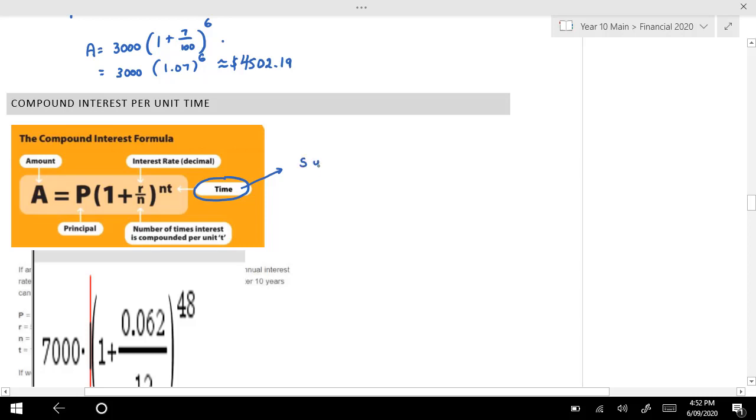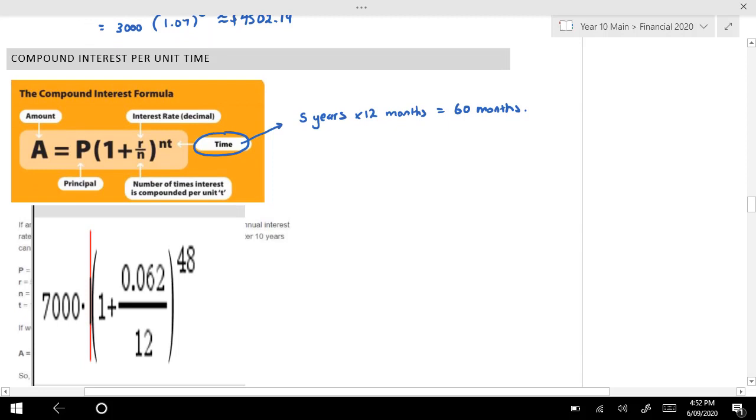If I had 5 years, then 5 years times 12 months is 60 months. Now, wouldn't it be nice if you could get 5% per month from the bank? No, the rate can stay the same. If you're getting 5%, they're going to split that up into 12 months.